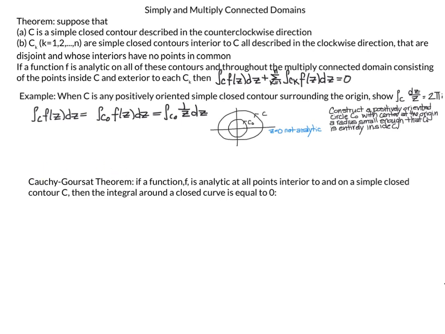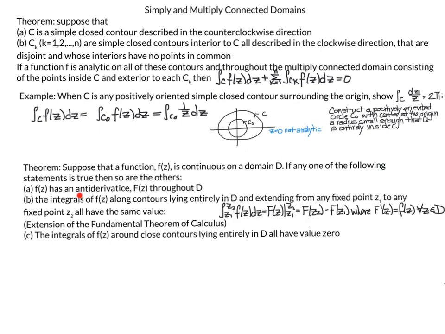But why isn't it applicable? It's because f needs to be analytic at all points interior to and on the simple closed contour. And here, f is analytic on the curve, but it's not analytic at all the points interior. In particular, it's not analytic at z equals 0. So Cauchy-Goursat is not applicable.